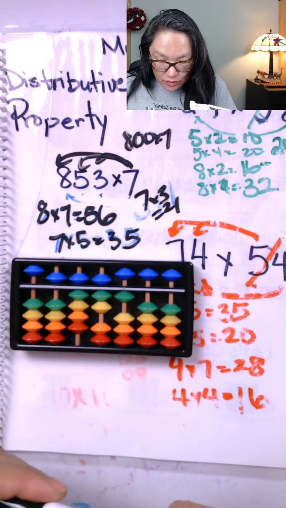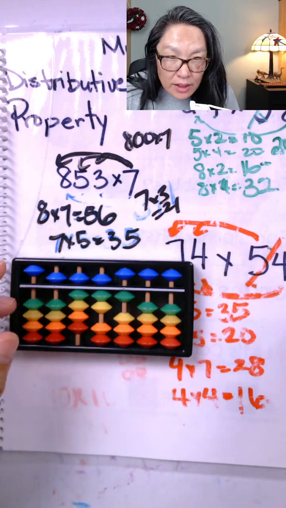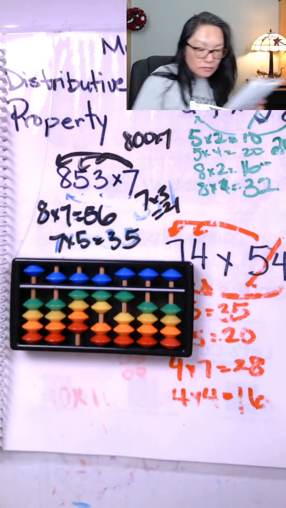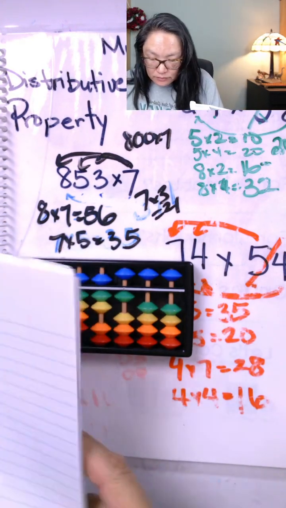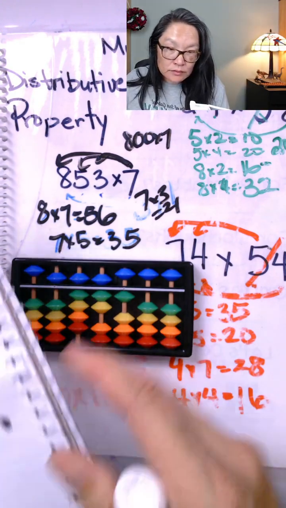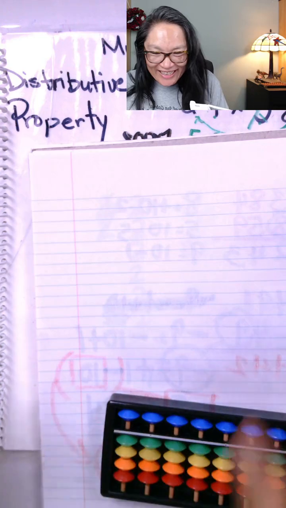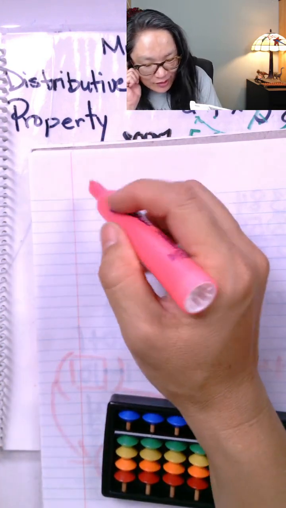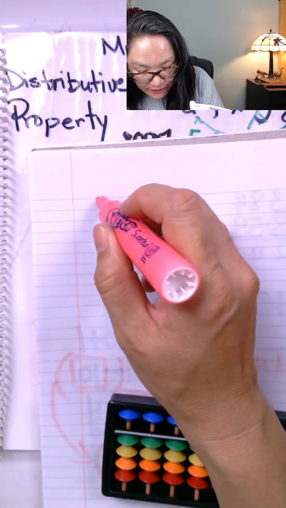Okay, so the question is 93 times 81. It's because I curated it. The questions are very specific.